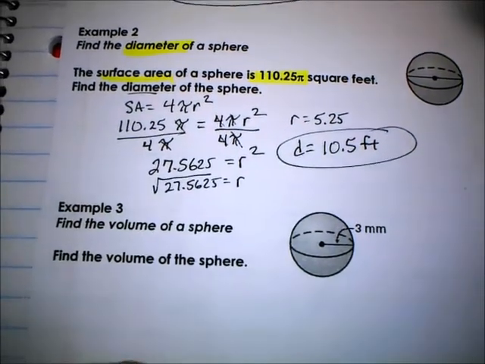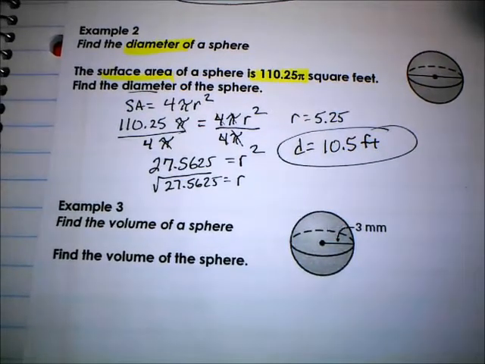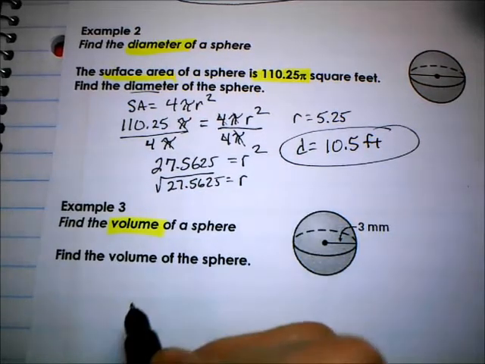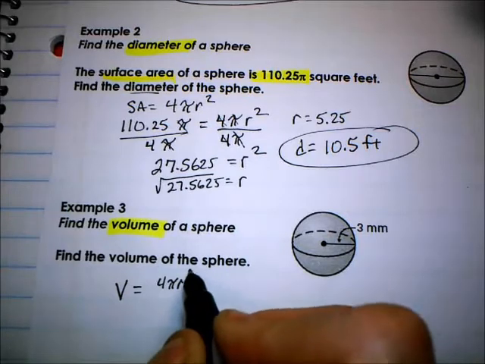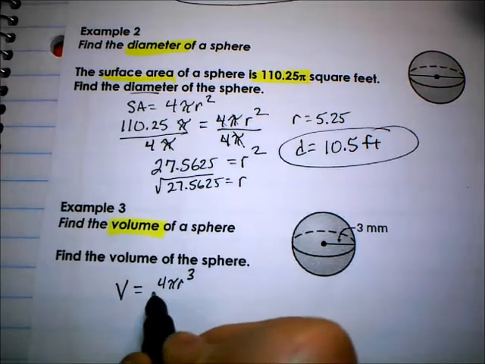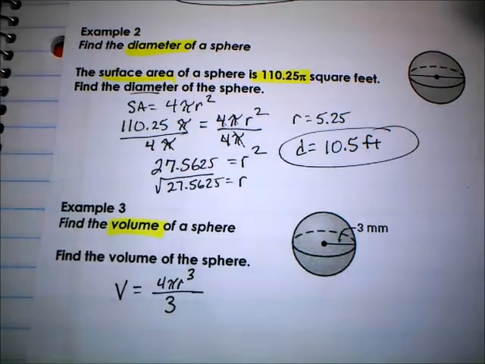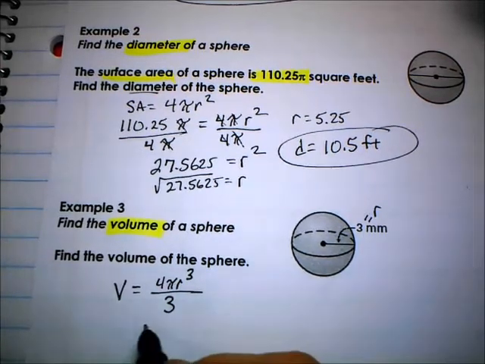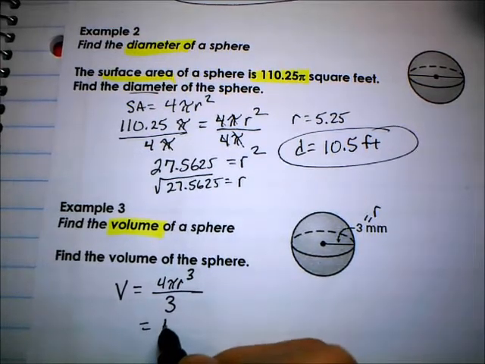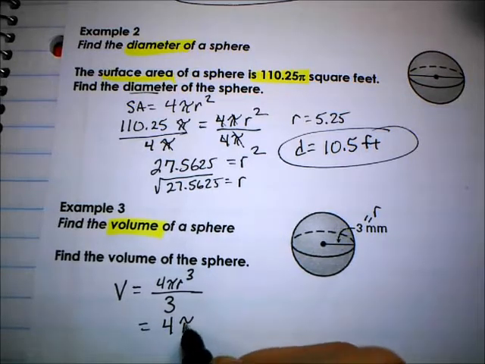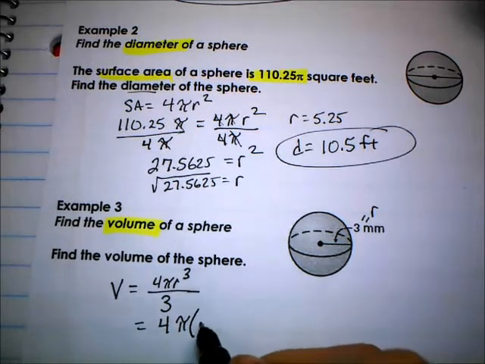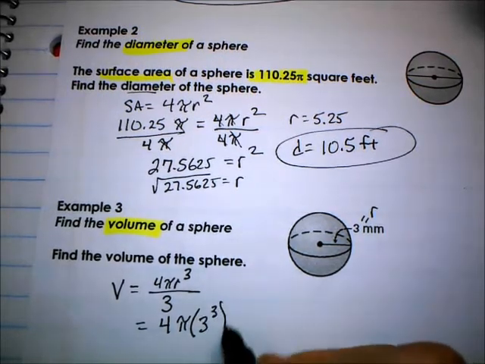On example 3, they're now asking for the volume, so that is the other theorem, 12.12. This says the volume is 4 pi r cubed divided by 3. And they tell you that the radius is a 3 in this problem. If I replace my values, that would be 4 pi times the radius, which is 3 cubed, divided by 3.